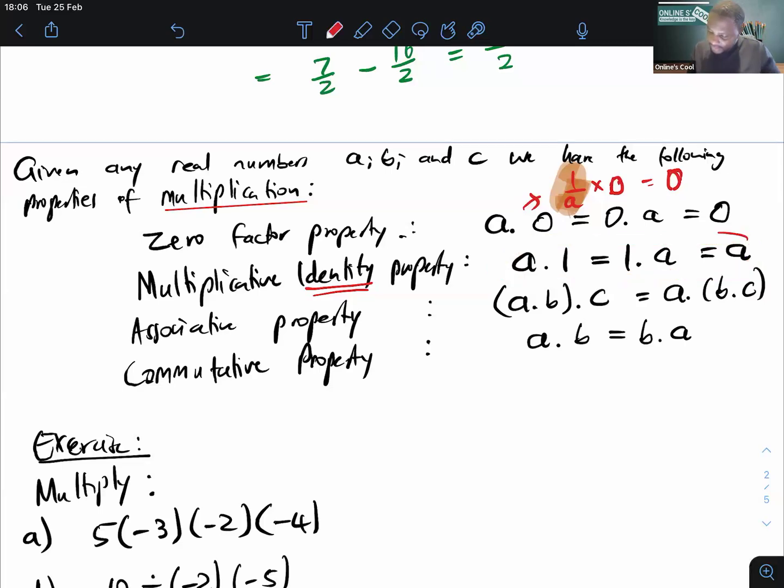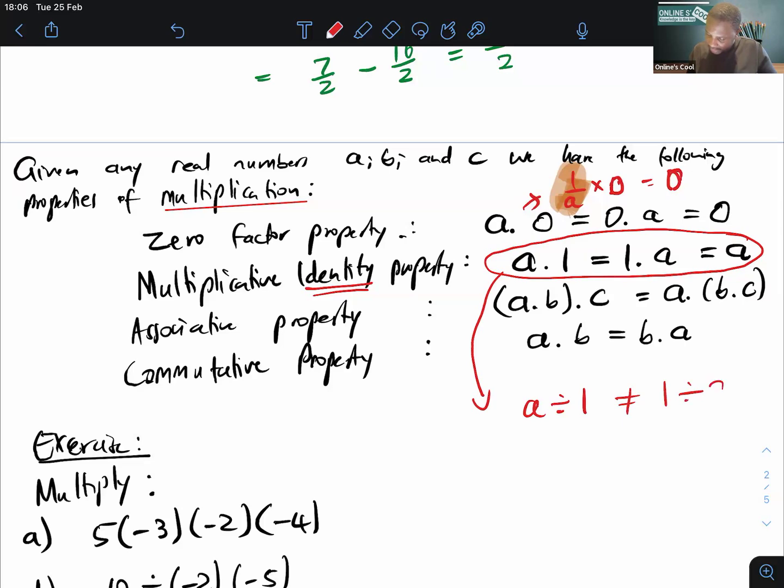However, if this was A divided by 1, it cannot be 1 divided by A. These two things are not the same. This is A, this is 1 over A. So if it was divided, it makes it completely different. They are no longer the same thing.